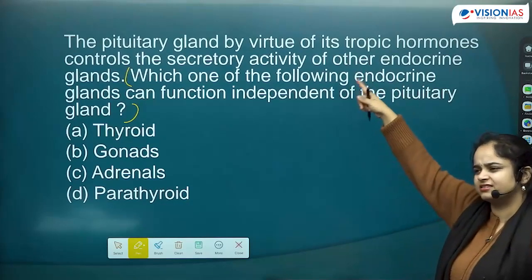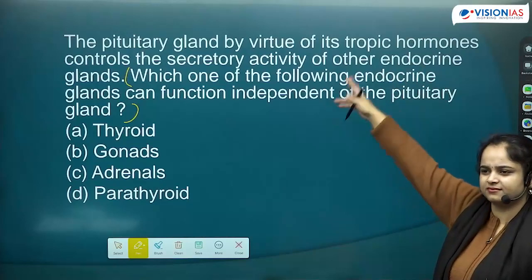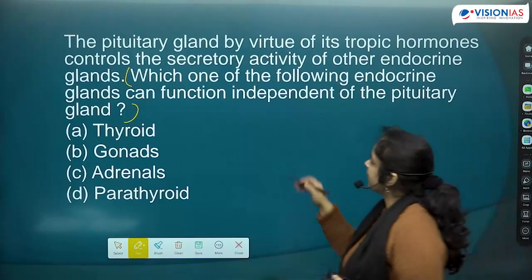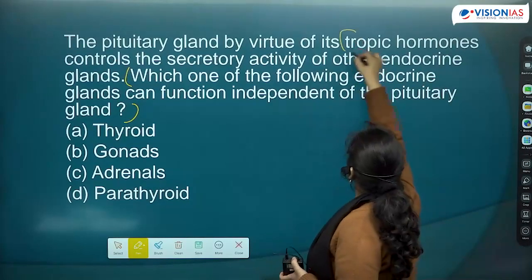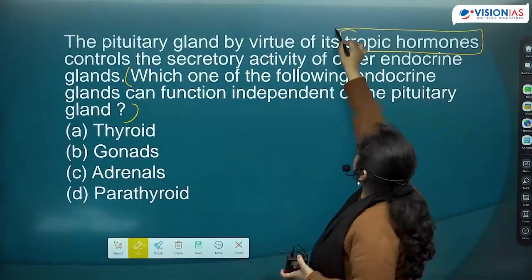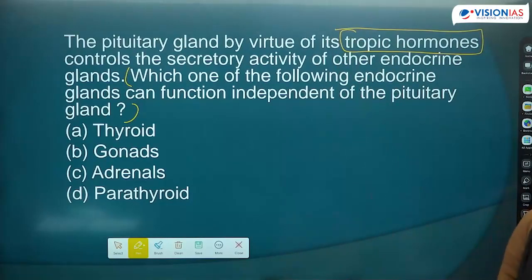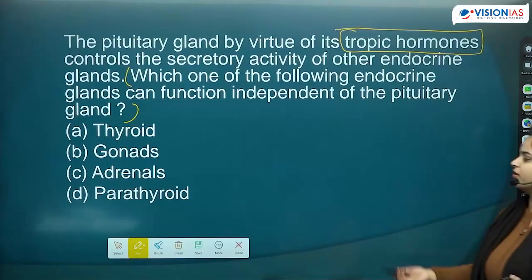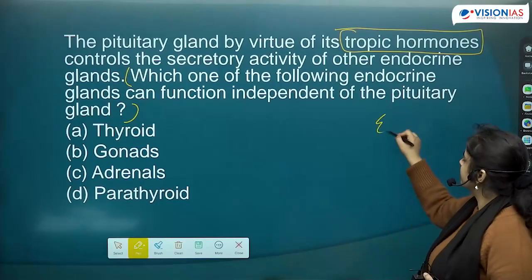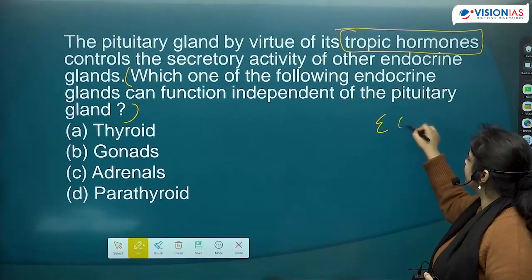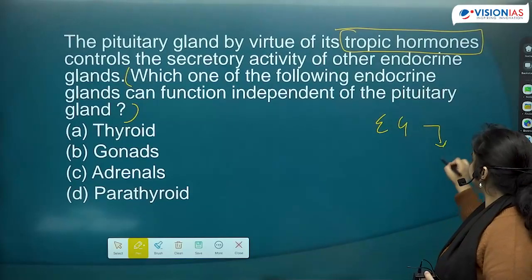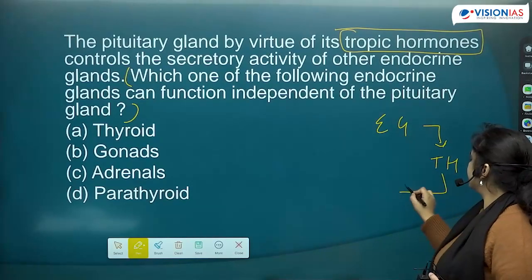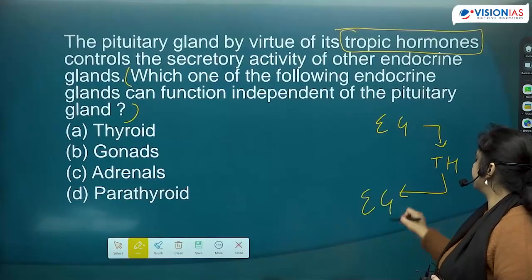Now this is actually the definition of the term trophic hormone. Trophic hormone is that hormone which is released from one endocrine gland and it acts on another endocrine gland.